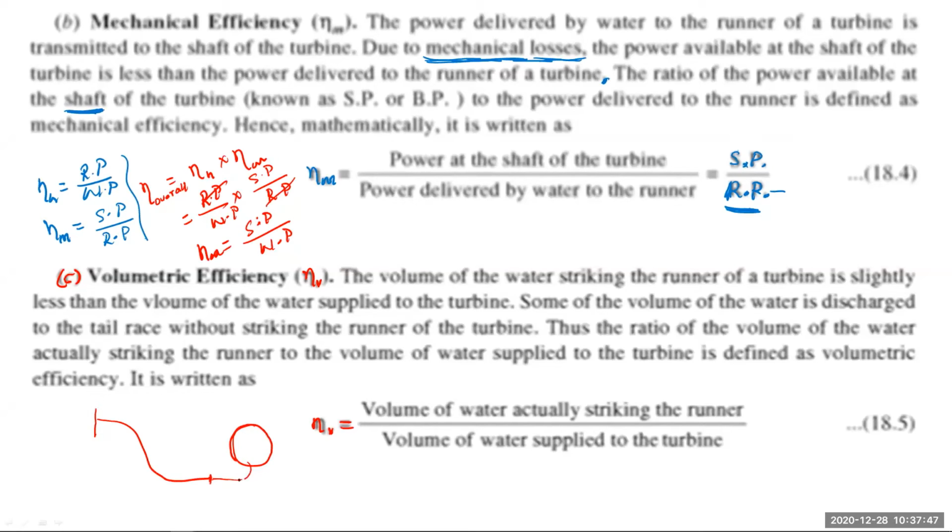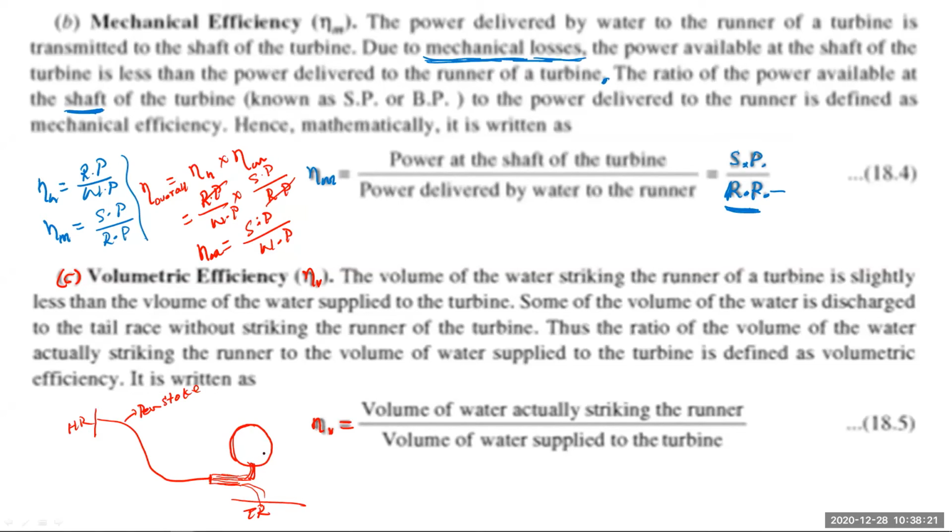Here I have represented that water with a single line, but normally that is not a single line; it will be of some diameter range. So some water will strike your buckets, and some of the water will go to your tail race. This is your tail race, this is your head race, this is your penstock. Some of the water goes to the tail race without striking the bucket.